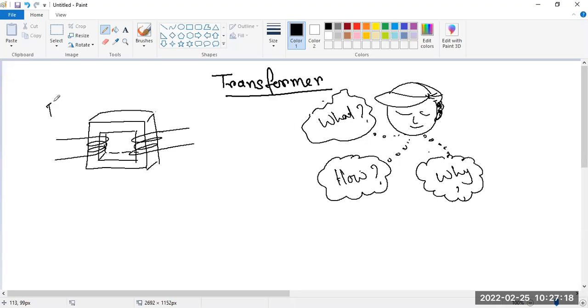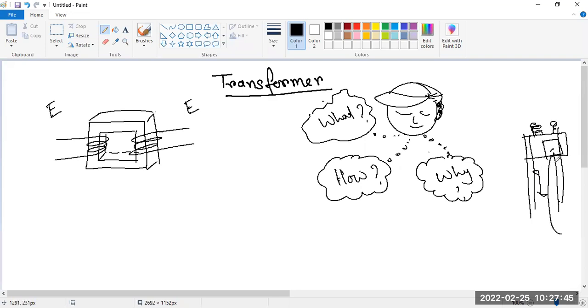But which type of energy? This is also electrical energy. In your room or maybe in your society, you have seen this pillar mounted transformer. There is a transformer there. Something like an insulator is there. There is some handle type thing to switch on and off, and then some power line is going to your house. So this is the transformer, and from the upper side it is transforming.